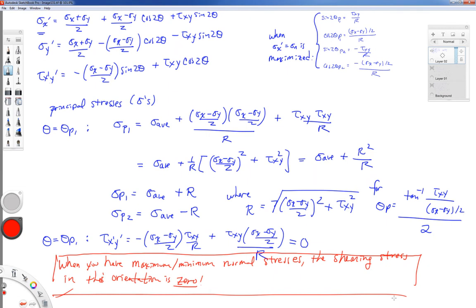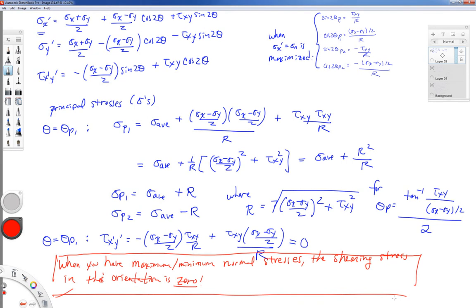So it's a very practical application of maximizing these stress components. And another thing I want to point out is it doesn't matter what orientation you start out in for your stress state. If you have any combination for any angle theta, this will be the maximum for every angle of theta that we have.